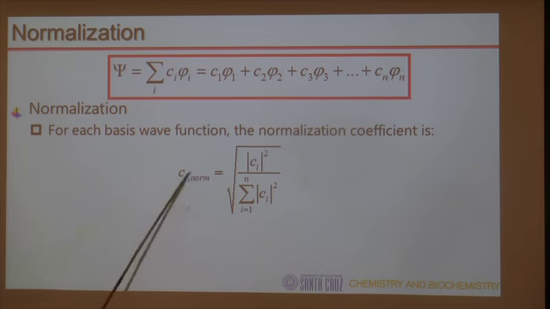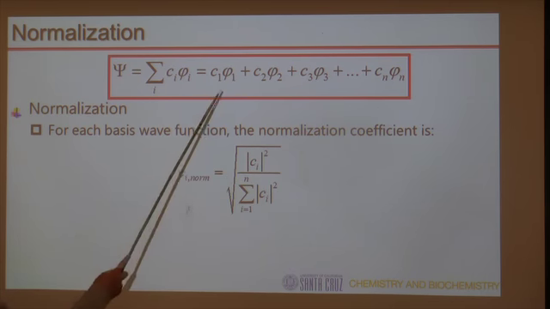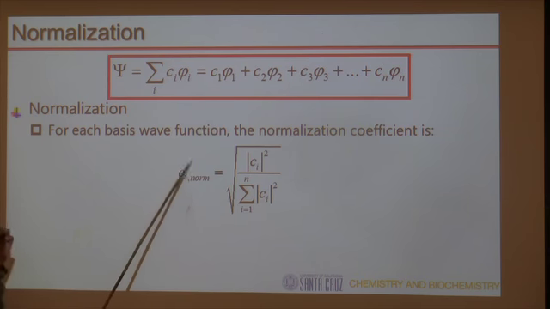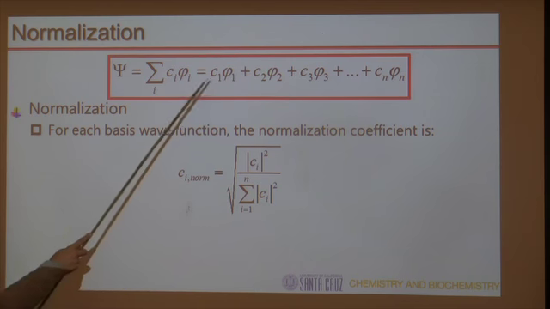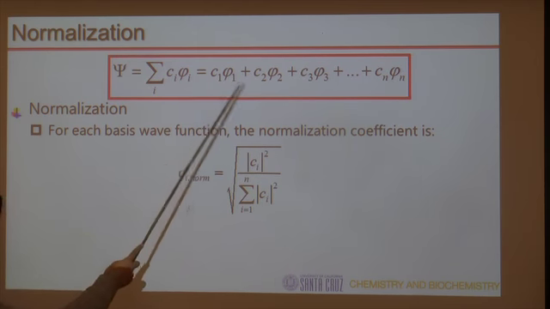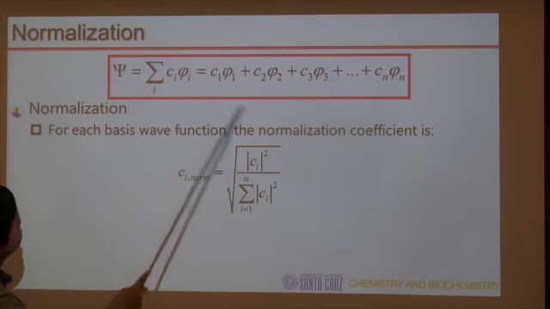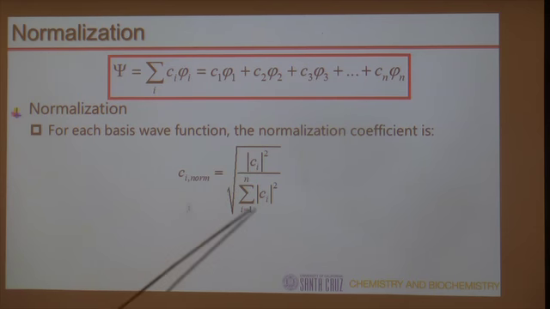The normalized coefficient can be evaluated in this way. It's pretty straightforward. Let's say you want to find C1, the normalized coefficient for the basis wave function psi1. You just need to square it. I use the two vertical lines in case the coefficient is sometimes a complex number.